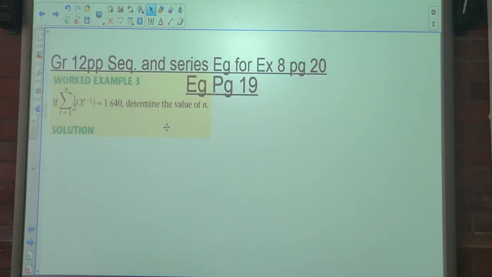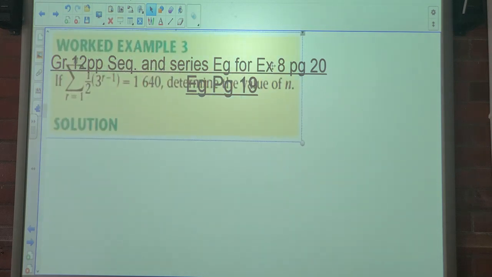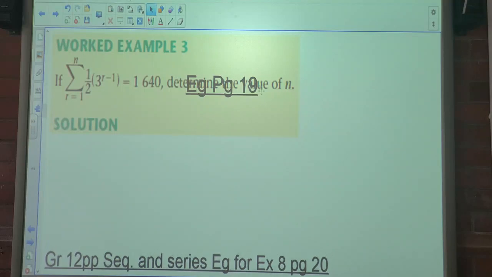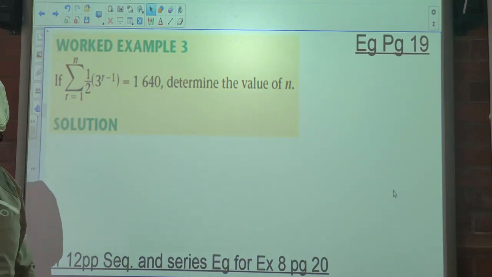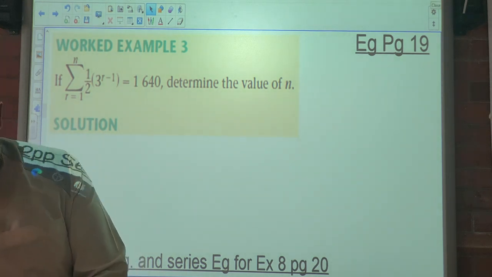Example 3 is on page 19 as well. And this is for examples for exercise 8, which is on page 20.